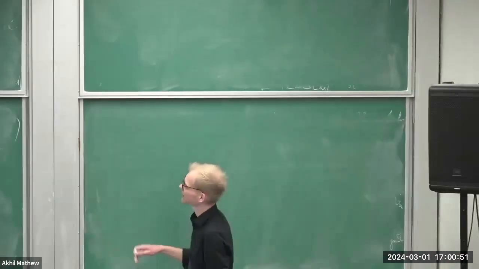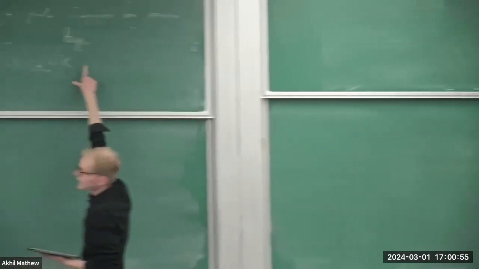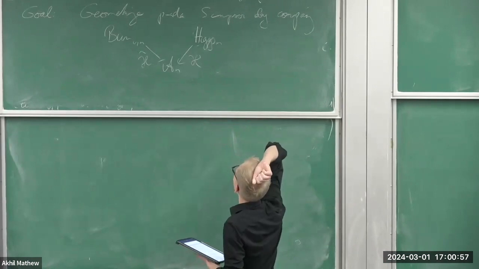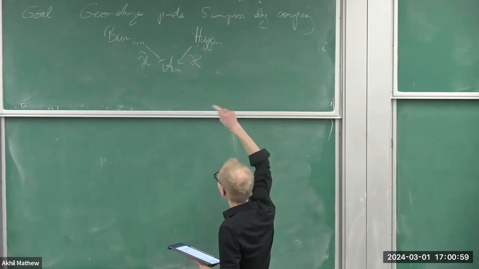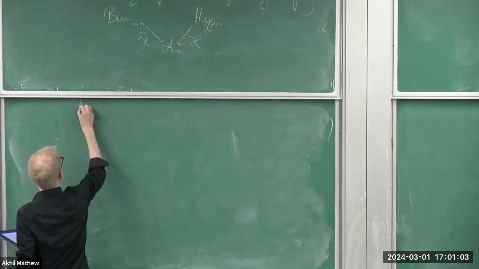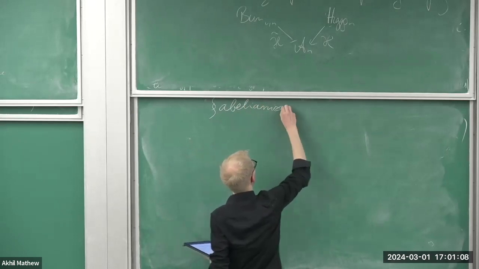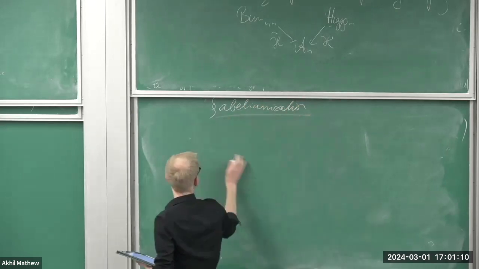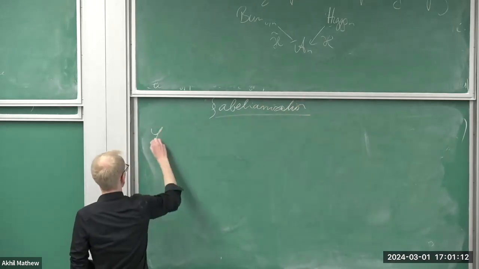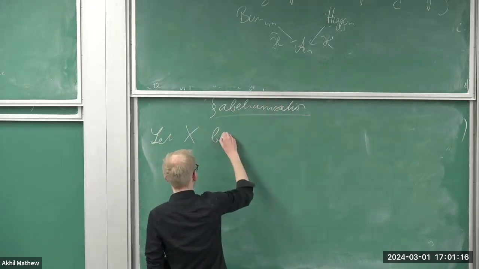Continue with abelianization. This is supposed to be an explanation. First of all, let's have a classical description of the Hitchin morphism. So just to set up, just to remind you, it's not on the board anymore.